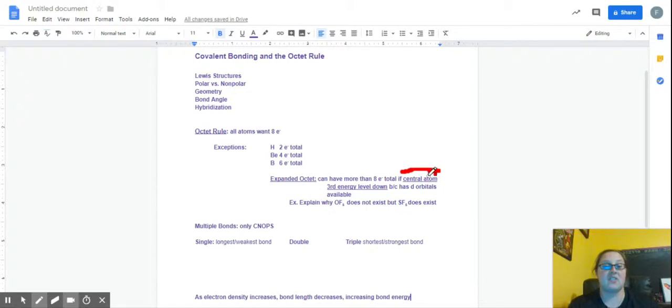Only if you are the central atom, you can hold more than 8. The central atom is basically, when you draw your Lewis structure, the thing in the center. It's the thing in the middle. That's your central atom. So if that thing can have an expanded octet, and I have electrons left over, then you can tack on some electrons to give him more than 8.